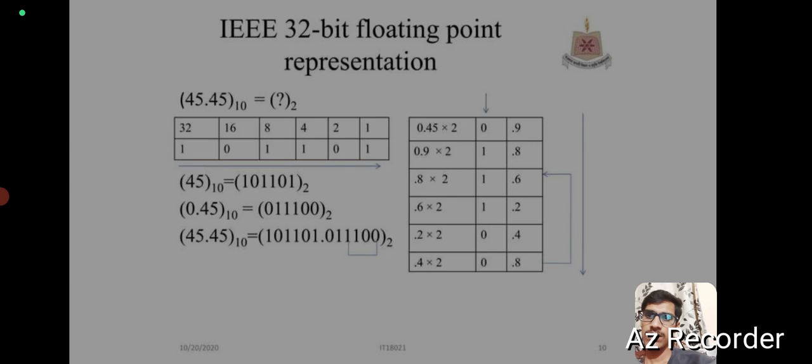The first table denotes the conversion of 45, the part before the decimal point. The second table, the long table, represents the conversion of the numbers after the decimal point, that is 45.